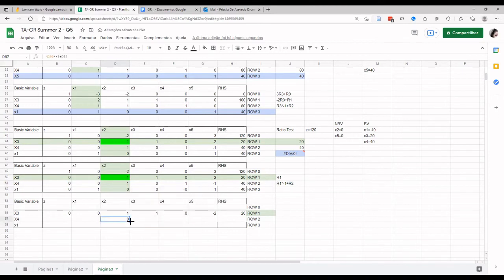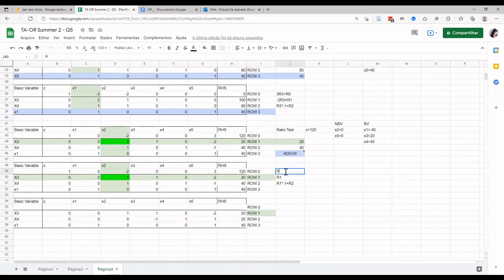And here 0, great. I'm going to do the same operation to all the other columns in this row. And the last row is already 0, so we can just repeat it. We don't need to make any other operation to transform this row.